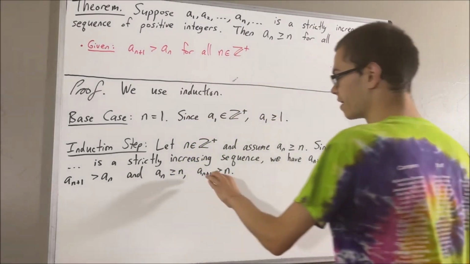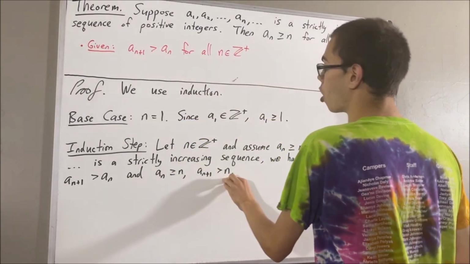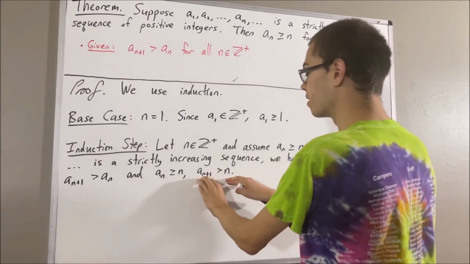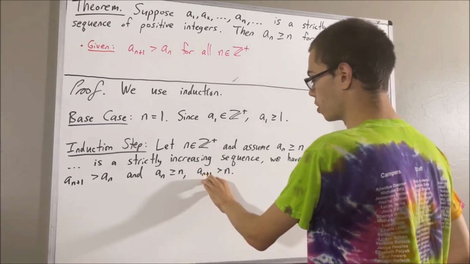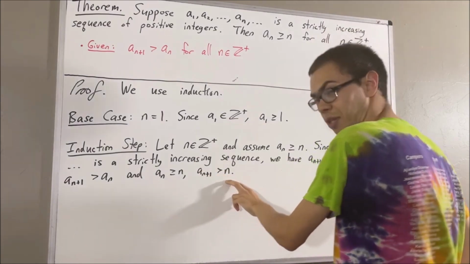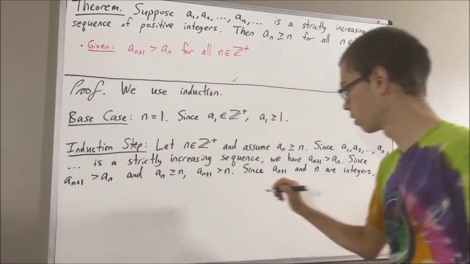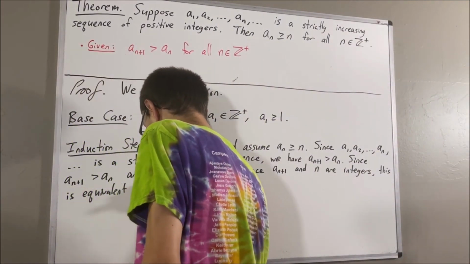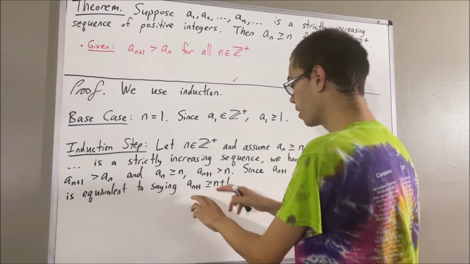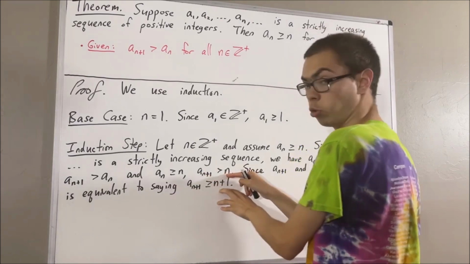But then, since an plus 1 and n are integers, this is equivalent to saying that an plus 1 is greater than or equal to n plus 1. Right? These two inequalities are equivalent to each other.